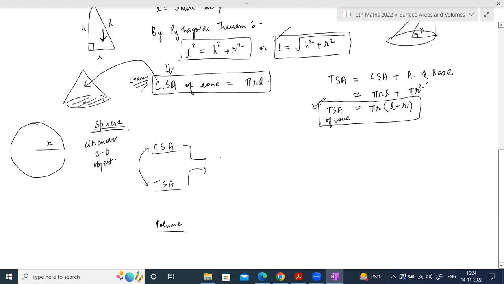There is only one formula, and that is given by 4 by 3 pi r cube, where r is the radius of the sphere. Pi r cube times 4/3. And volume is, I think I made a mistake. The volume is 4 by 3 pi r cube.